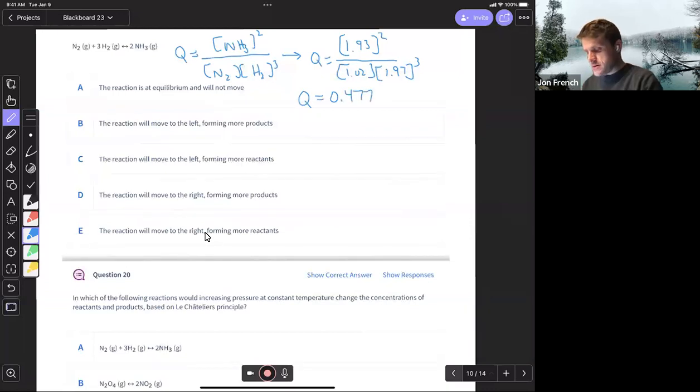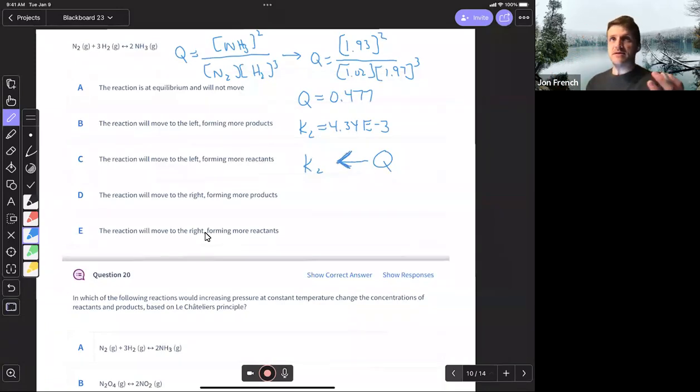And they told us at the start that the equilibrium constant is 4.34 e to the negative 3. So in this case, Q is greater than K. That means we've gone beyond equilibrium. So to return to equilibrium, the reaction has to move to the left. The reaction has to make more reactants.